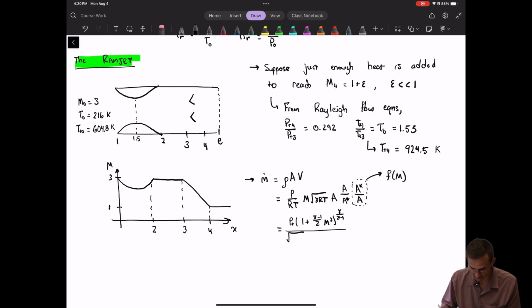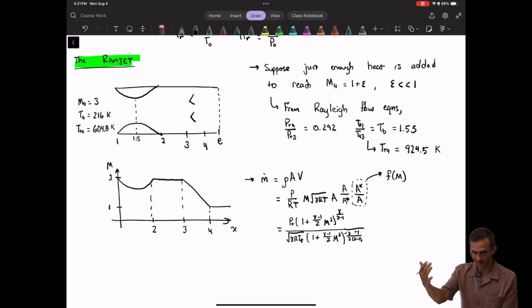So on the bottom, we're going to have gamma R T_T times this quantity 1 plus gamma minus 1 over 2 M squared raised to the power negative gamma plus 1 over quantity 2 times gamma minus 1.